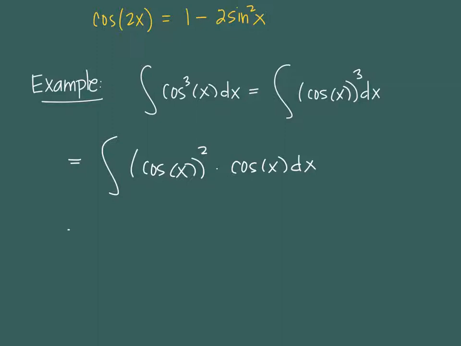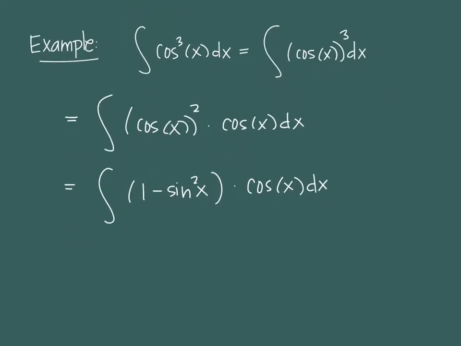So cosine squared is one of those trig identities: it's 1 minus sine squared, and then cosine of x dx. So we're doing a trig substitution here, and now we'll do a u substitution. Trig substitution just precedes u.